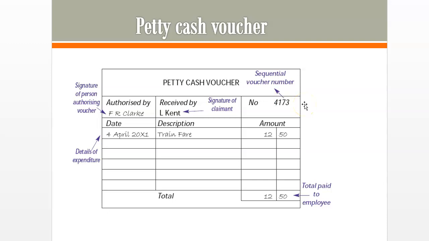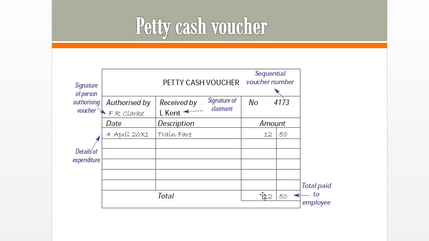So if you are starting with 130, then you'll continue to 131, 132, 133, 134, and so on. Then the date when you spend the money, the description or details of how much money you spent, the net, the VAT and the total. In this one there is no VAT, so the net and the total are the same. And once the petty cash voucher is prepared and claimed, the money will be refunded.